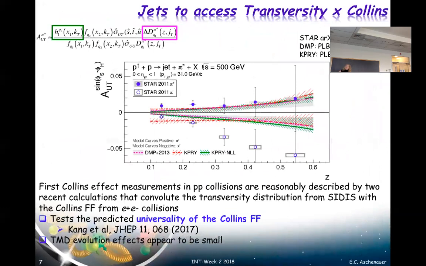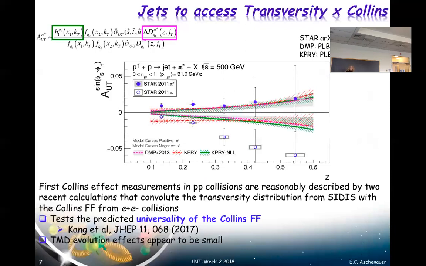So that is the pi plus and pi minus inside a jet as functions of z, compared to calculations which have been done by Zhong-Bo and colleagues with and without TMD evolution. This data still has a lot of uncertainty, because that was a run which we took in 2011, where we were saying, let's maybe do 500 GeV transverse because of this idea of using the W's to do the Sivers sign check.